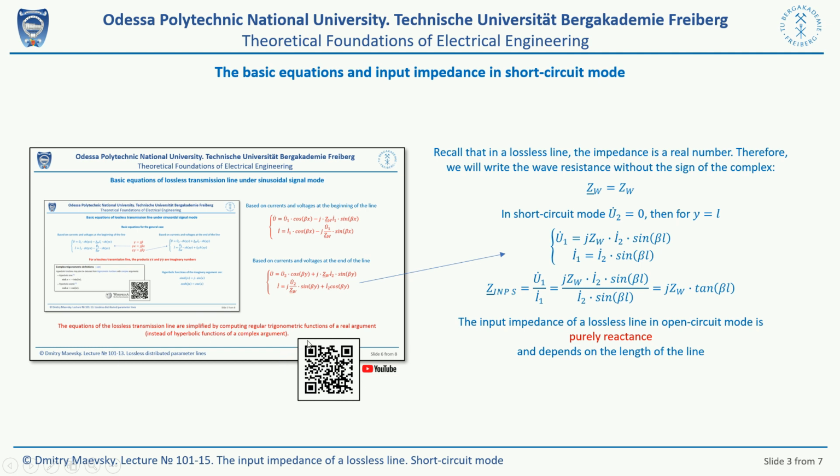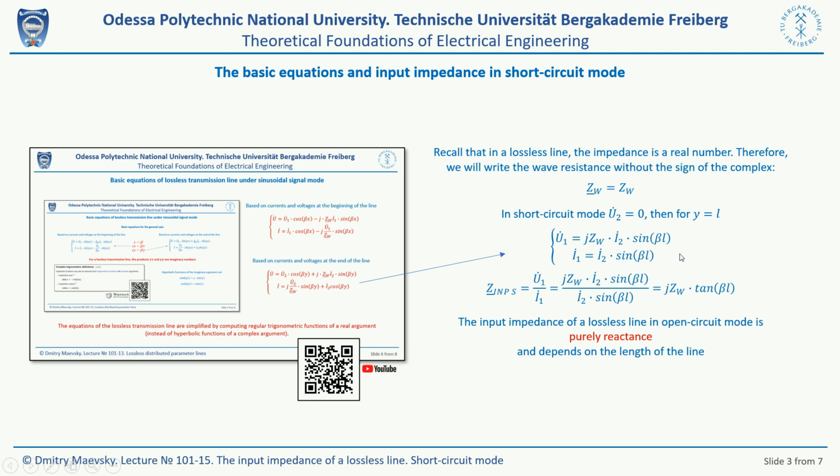In the case of a short circuit at the end of the line, its voltage, U2, is equal to 0. This allows for further simplification of the equations. The fundamental equations for a lossless transmission line in a short circuit mode are depicted as shown here.